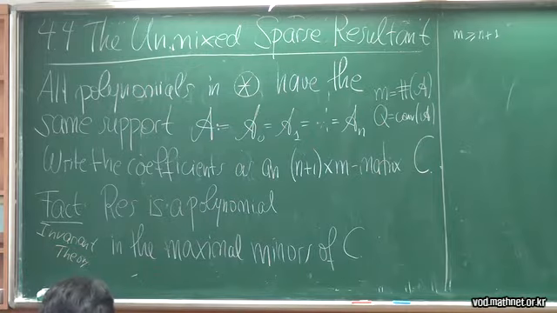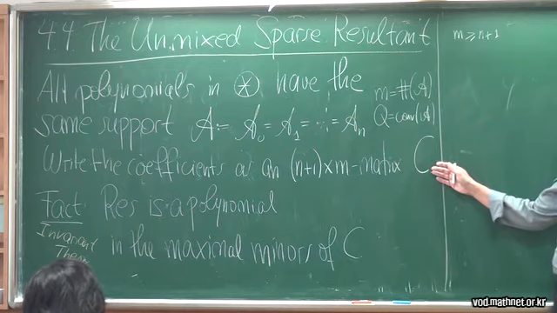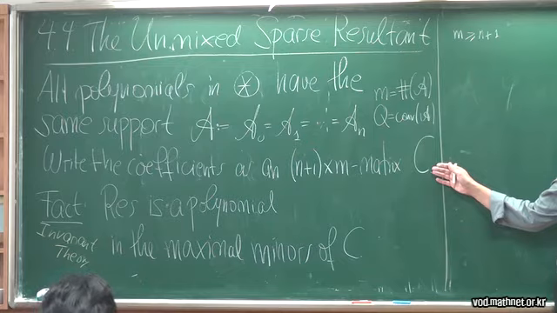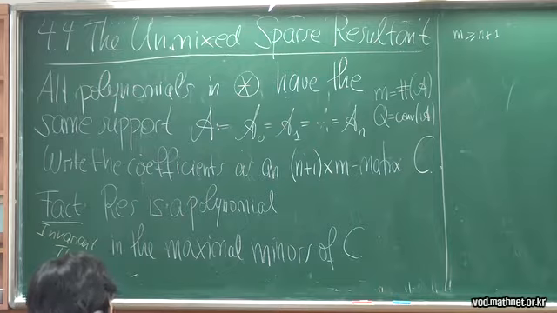So what's the point? The point is that our resultant, which is a polynomial function in C, is invariant under multiplying C on the left by an invertible matrix. Right? So I have my coefficient matrix, and if I replace my polynomials by linear combinations of these polynomials, well, if they were solvable before, they're solvable afterwards, right?